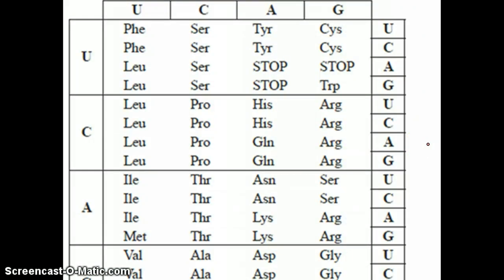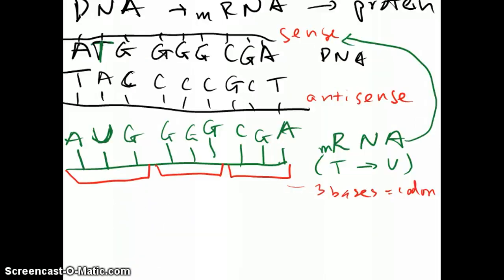So we had AUG. The first one is A, the second one is U, the third one is G, so you look down that, look in this area, and then look over. Looks like AUG is going to give you methionine. So this is a methionine. And then GGG, let's look in the table.